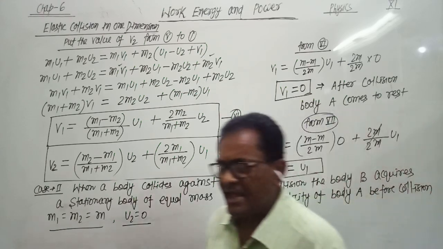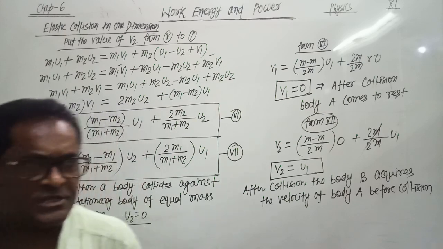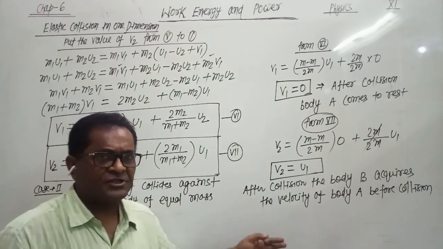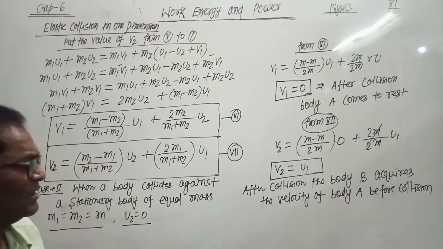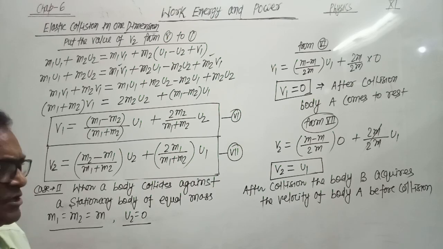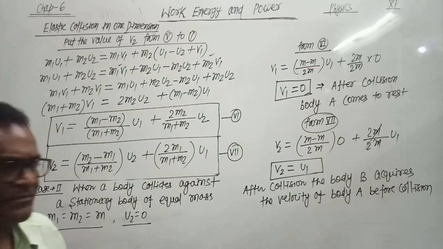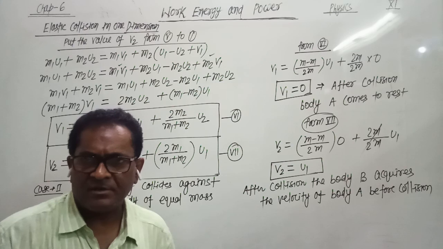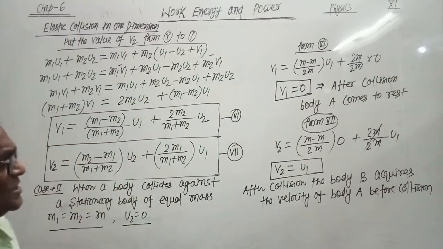So body A comes to rest after collision and body B starts moving with the velocity u1. u1 was the velocity of body A before collision. So this is the second case. Now we discuss case number 3.